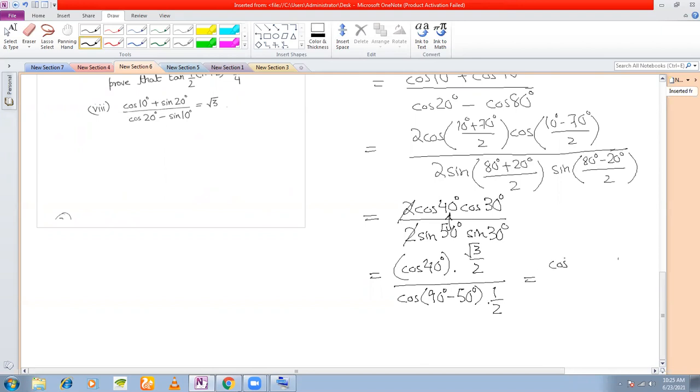So what do you get? Cos 40 into root 3 divided by cos 40 only into 1. These cancel. You simply get root 3, which is equal to your right hand side. That's it. That finishes your compound angle chapter. We'll stop here.